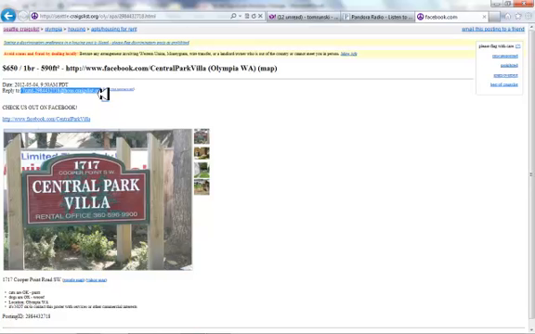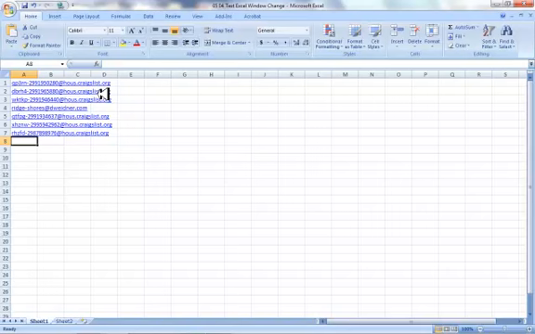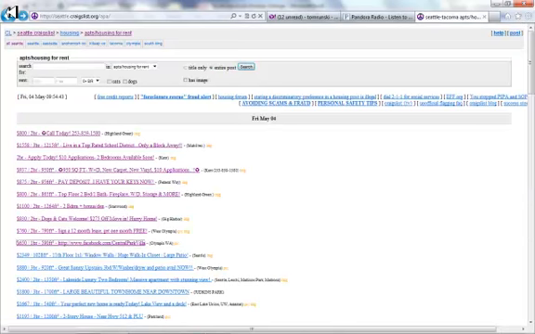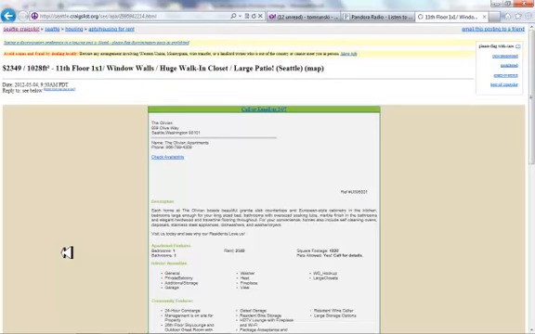Again, Control C, Alt Tab, Control V, Enter, Alt Tab. That's the keystroke sequence. I can't do a down arrow to get to the next record.